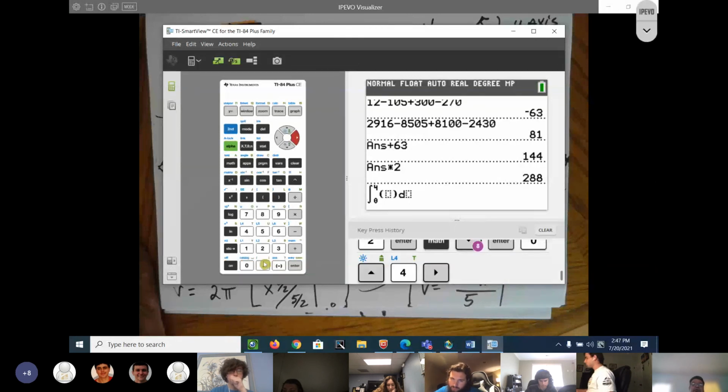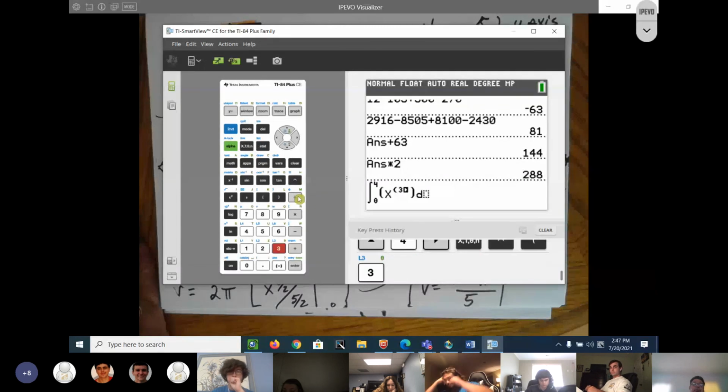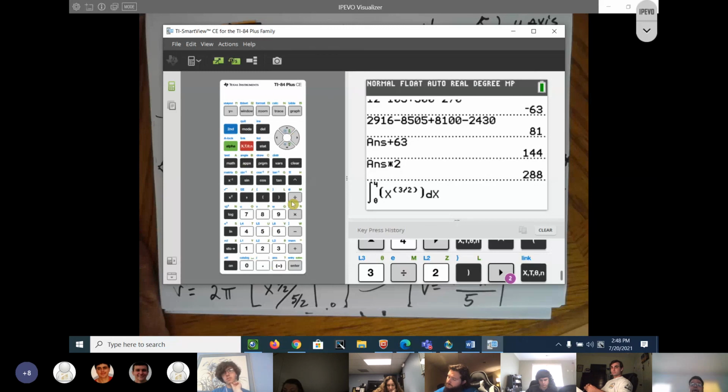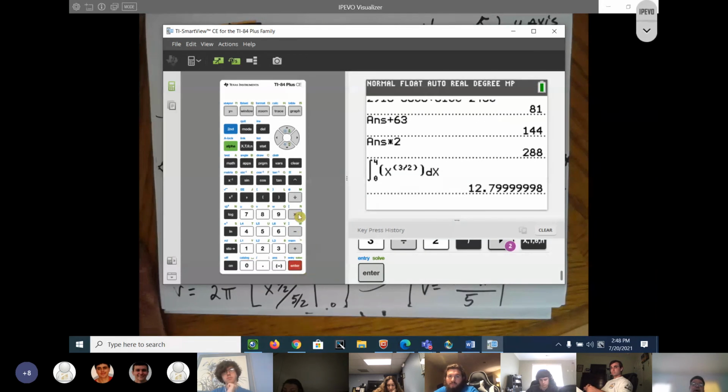So that would be x to the parentheses 3 divided by 2 and dx. I'm looking for x and enter. And then multiply that by what? 2 pi.